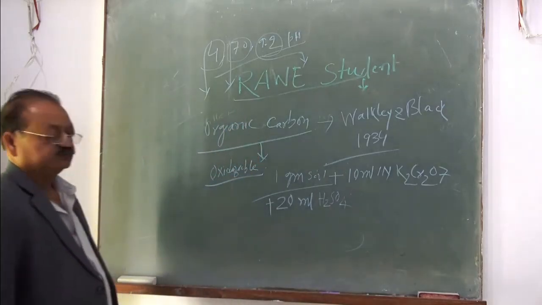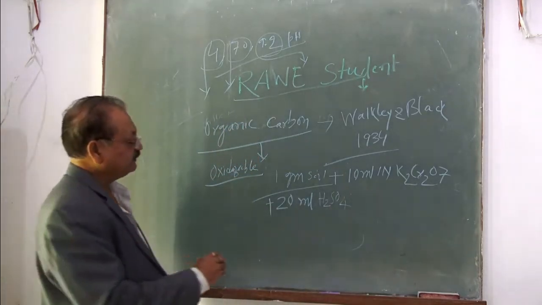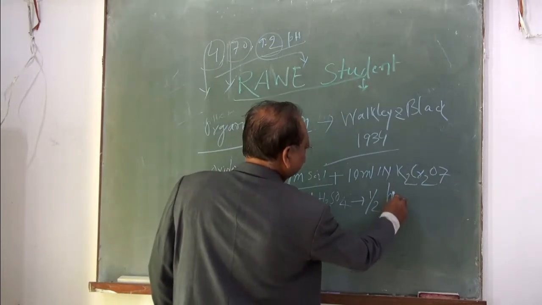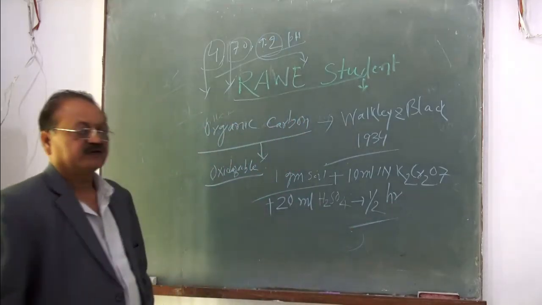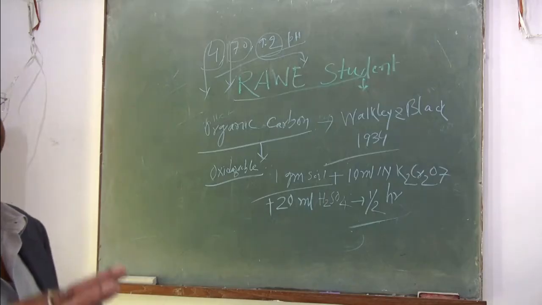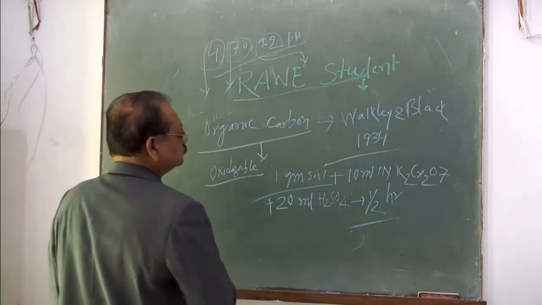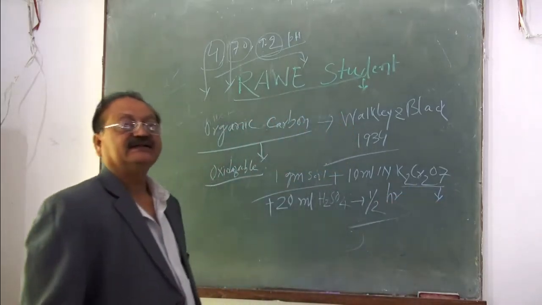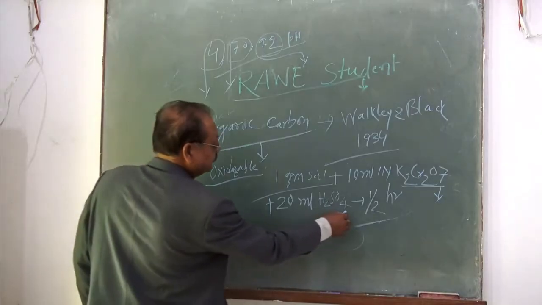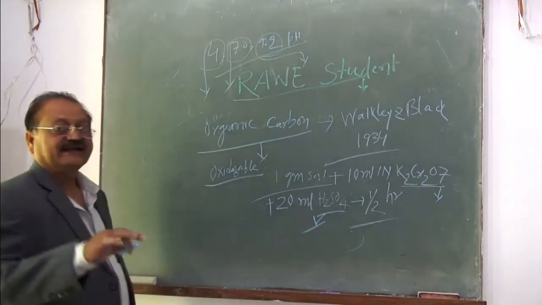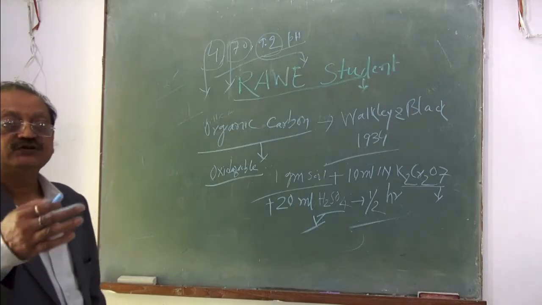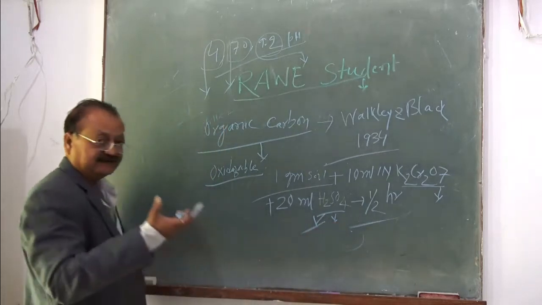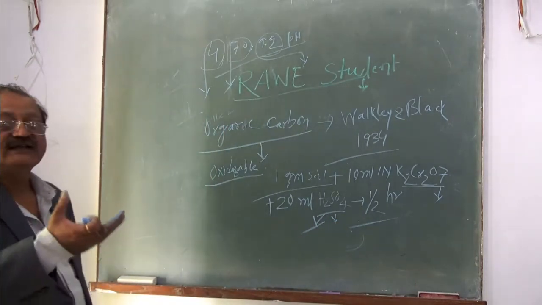Leave it for half an hour to complete the oxidation. This potassium dichromate is the oxidizing agent, and the sulfuric acid will accelerate the oxidizing process, because whenever you add sulfuric acid, it generates heat, and due to the heat the reaction will be faster.